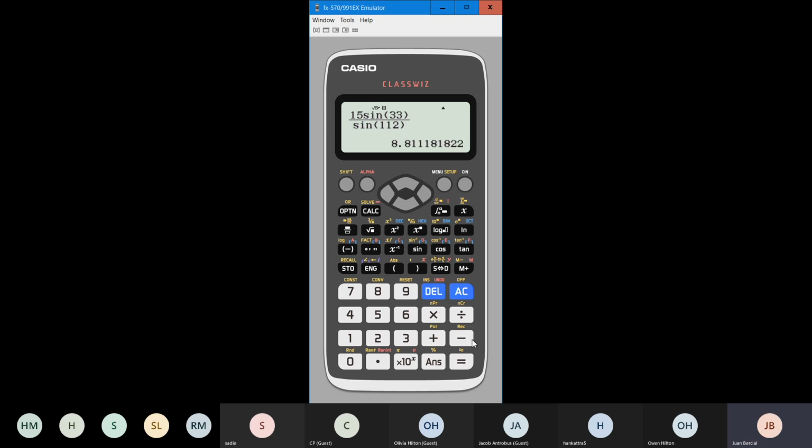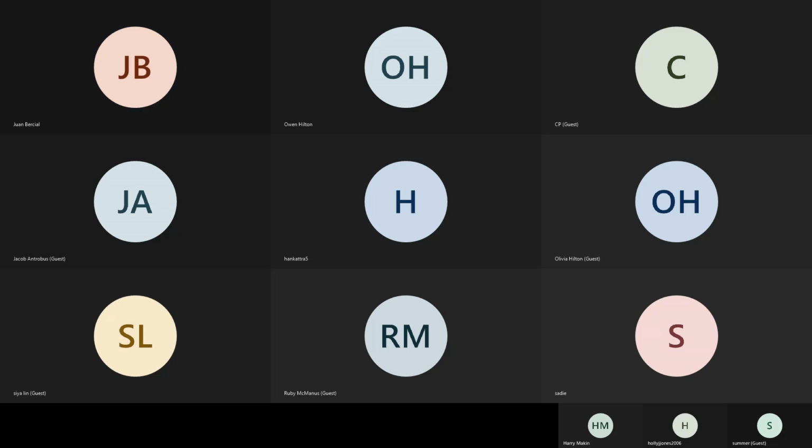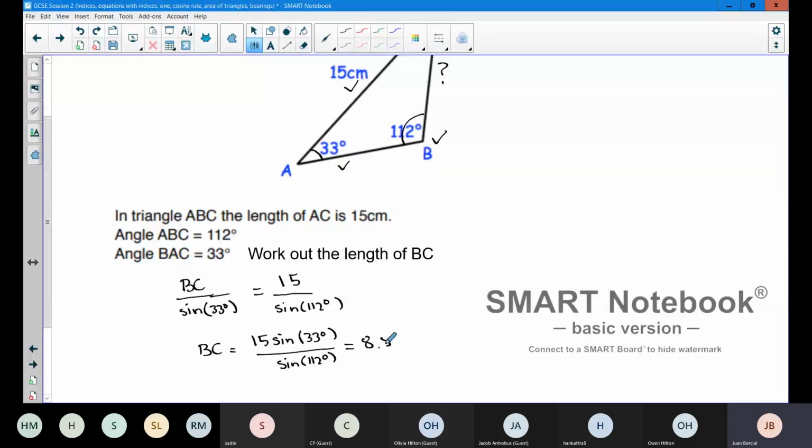You just put that, you press equal, and you'll never get it wrong. So it's 8.81. Then we've got 8.81, and of course, don't forget the units: 8.81 centimeters. So do the algebra first, put it in at the end, and you'll never get it wrong.